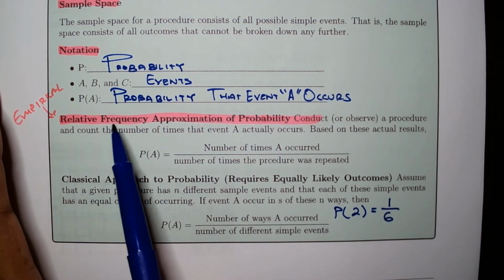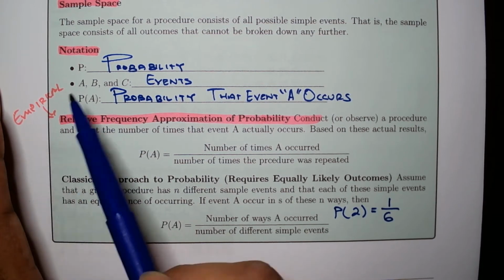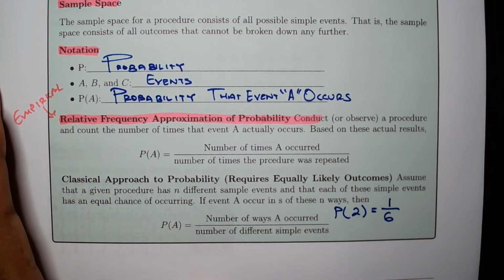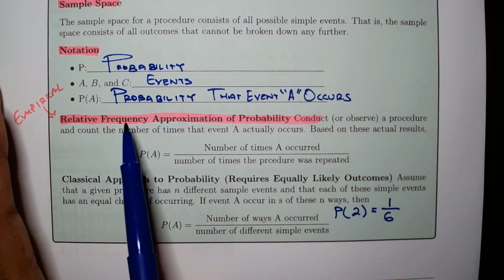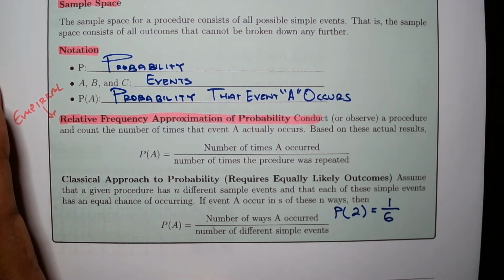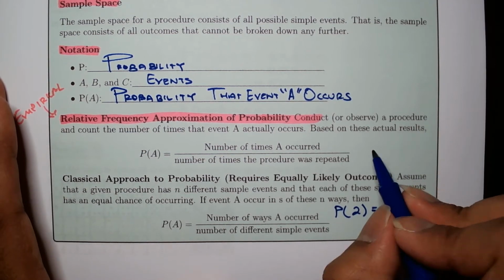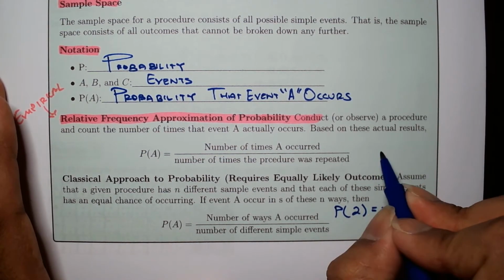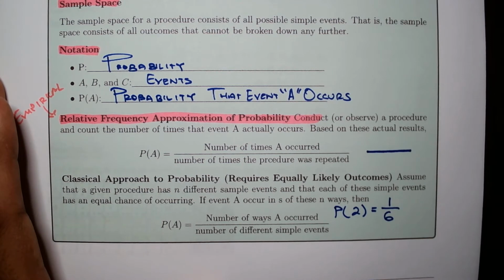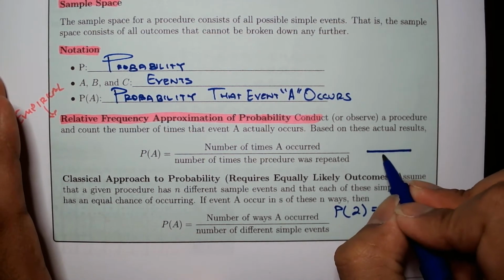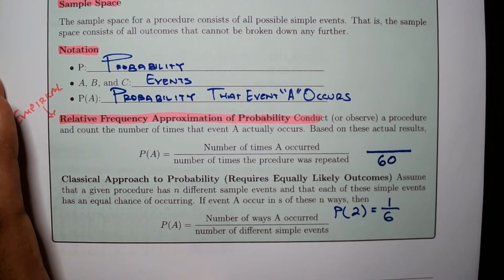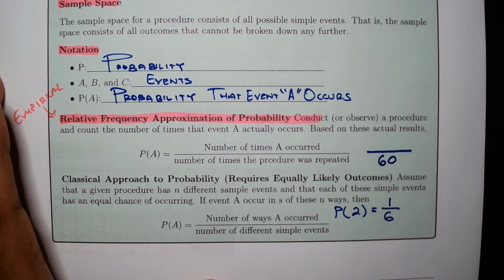In the relative frequency or the empirical approach, and yes, you might remember the term relative frequency from previous chapters, let's say we do the experiment and we roll the die 60 times. That's the number of times the procedure is repeated.